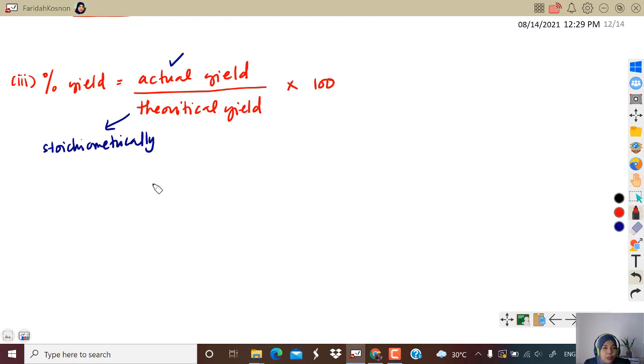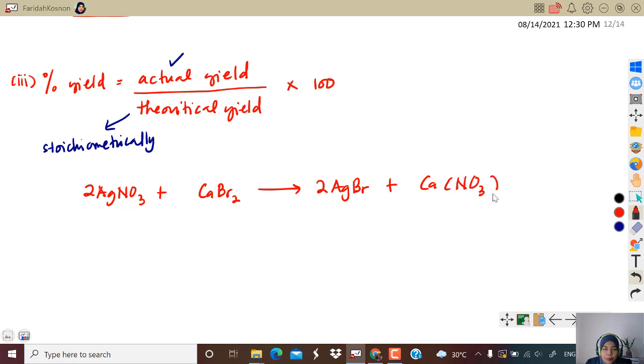So I have to refer to the balanced chemical equation. Saya tulis semula kat sini. 2 mole of silver nitrate reacts with calcium bromide. Dekat sini 1 mole, so saya dapat 2 mole of silver bromide AgBr plus calcium nitrate Ca(NO3)2.